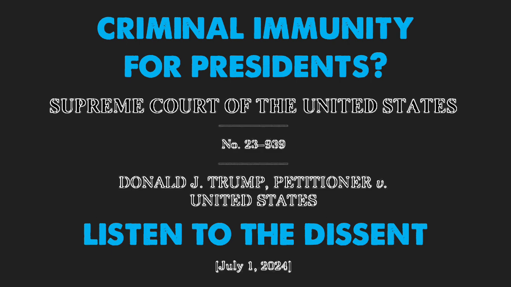First, the majority declares all of the conduct involving the Justice Department and the Vice President to be official conduct, yet it refuses to designate any course of conduct alleged in the indictment as private, despite concessions from Trump's counsel.